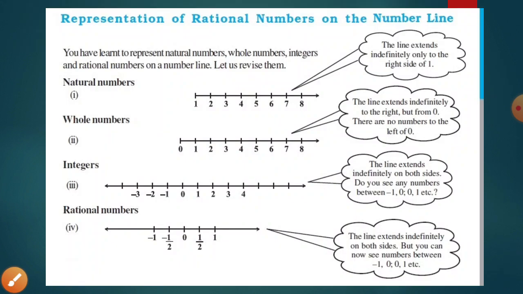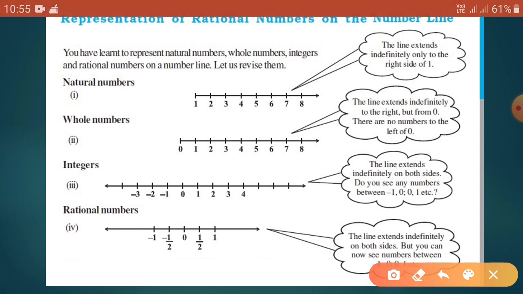Now we are taking some NCERT examples. We know what is a natural number, what is a whole number, what is an integer and rational numbers. If we represent these numbers on a number line, it looks this way. The first one is natural numbers.